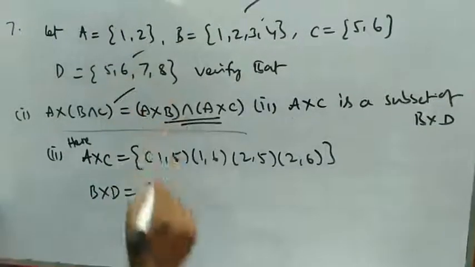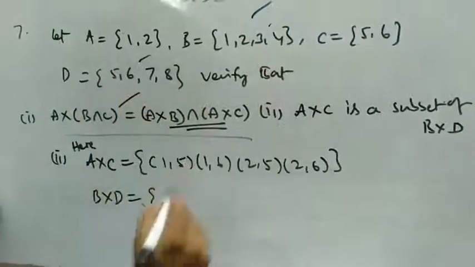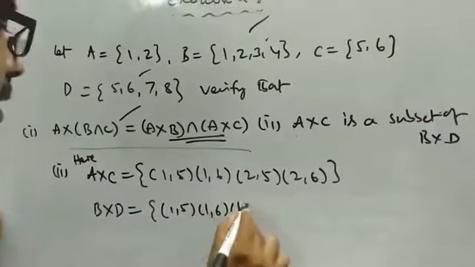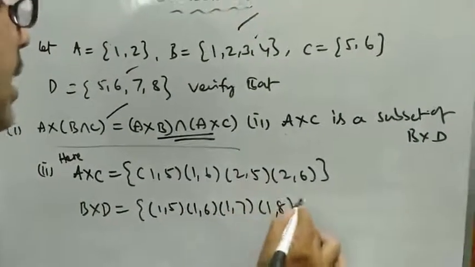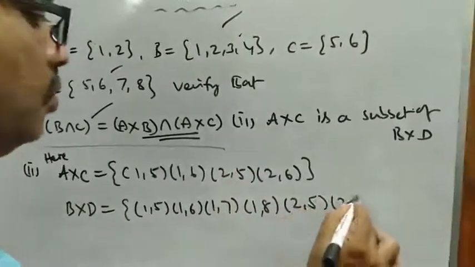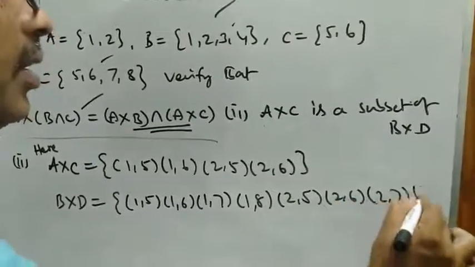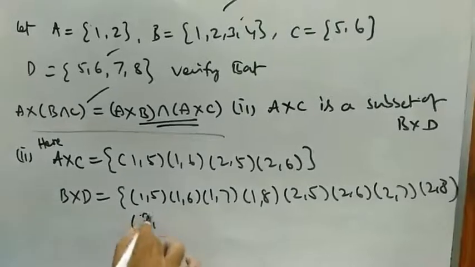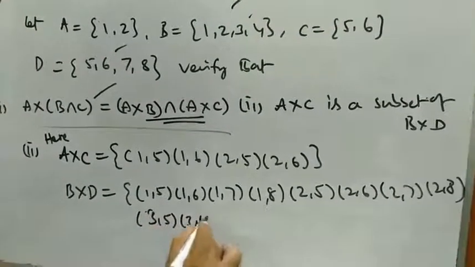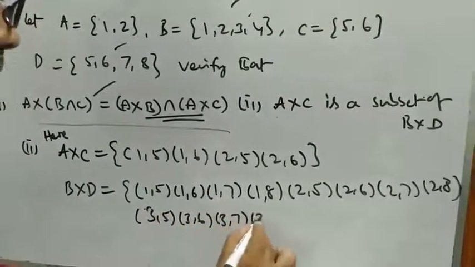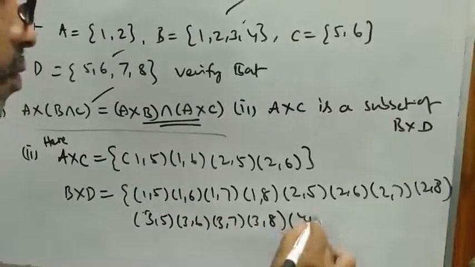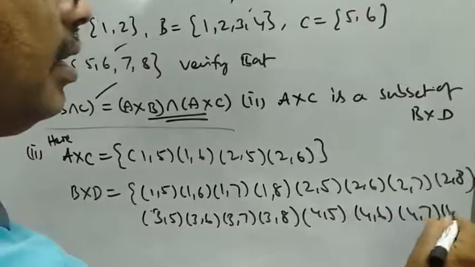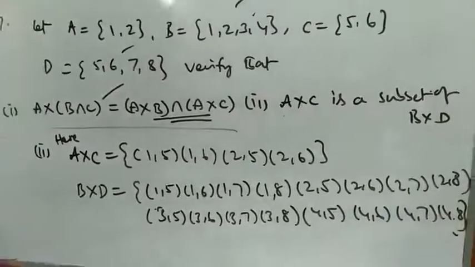Between these two sets there exist 16 elements: (1,5), (1,6), (1,7), (1,8), (2,5), (2,6), (2,7), (2,8), similarly (3,5), (3,6), (3,7), (3,8), (4,5), (4,6), (4,7), (4,8).